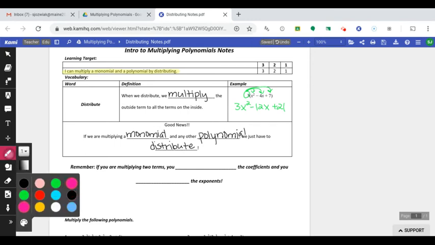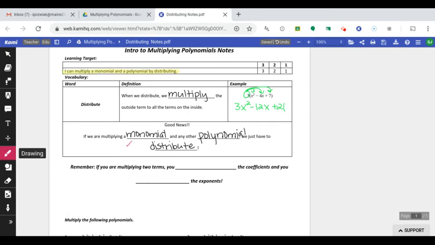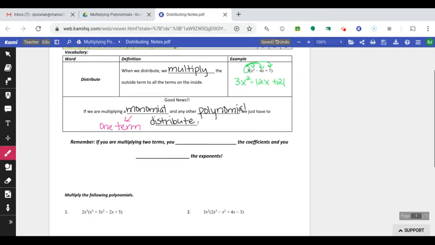Just as another quick reminder, monomial means that it's only one term. So if we have one term sitting in front of a polynomial, all we have to do is distribute it inside. If you're multiplying two terms, there's something you have to remember.